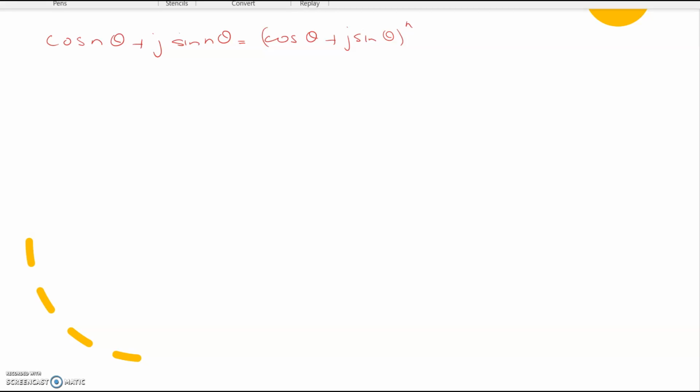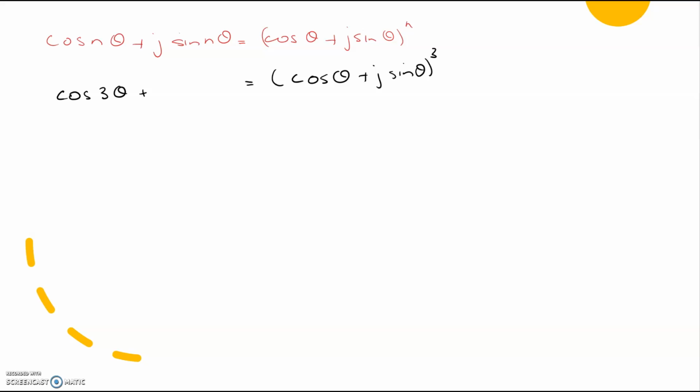Now in this case, this example, what we're looking at is cos 3 theta. So what we really want on the right hand side is, well, let's just write cos theta plus j sine theta cubed, and on the left hand side we're going to write cos 3 theta plus j sine 3 theta.